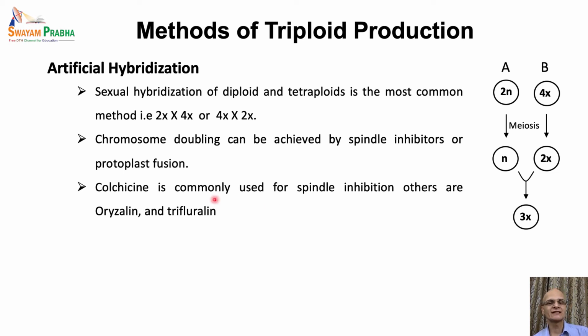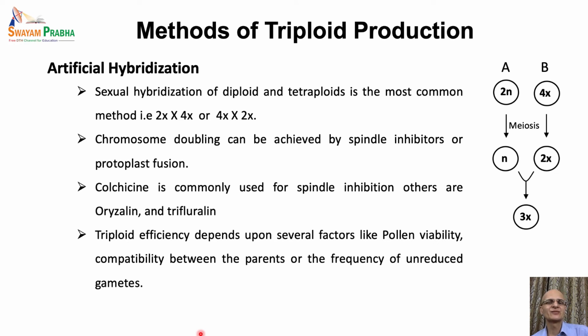However, colchicine is one of the most commonly used inhibitors and has a very high success rate for chromosomal doubling. Other frequently used spindle inhibitors are oryzalin and trifluralin.